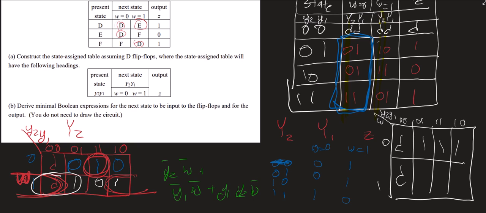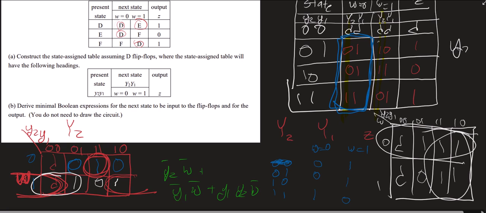Y1 here is 0 for 0, 1, and 1's in the other two places. So this gets us this group of 4 and this group of 4. So the square has Y2, and this one going across has W.